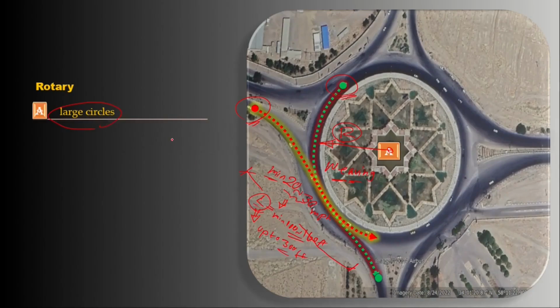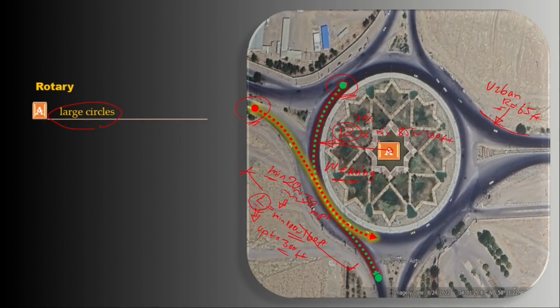To get a rough estimate of the size of a small rotary, suppose this is a rotary within an urban area, then the entry radius, this one, could be as large as 65 feet according to the geometric principles of designing rotaries, and the center island radius should be at least 30% larger than the entry radius, so this radius would be like 85 to 100 feet.